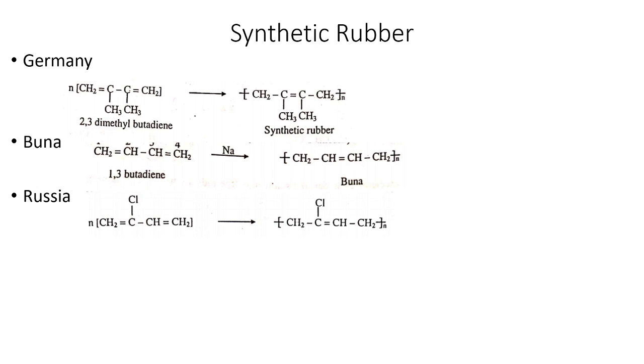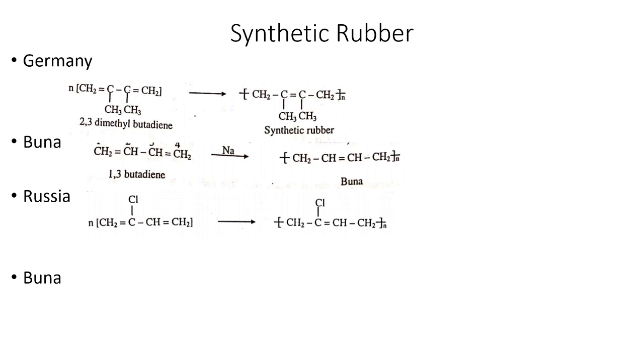So this polymer is called Buna rubber. Then next, Russians also made rubber from neoprene. Neoprene is this one: compared with isoprene, replace the methyl group by a chloride group and it gives you neoprene, which was the result of polymerization of 2-chlorobutadiene.